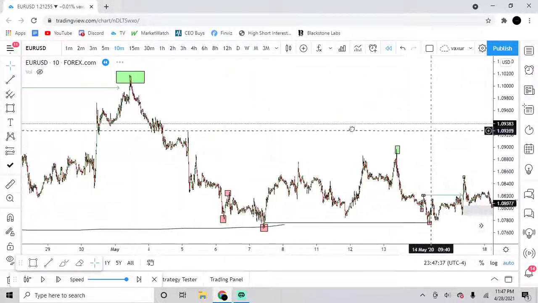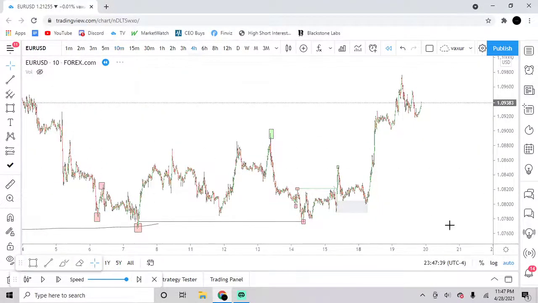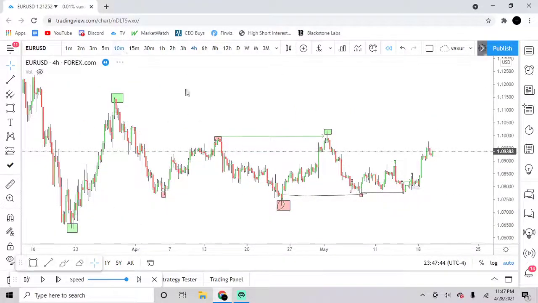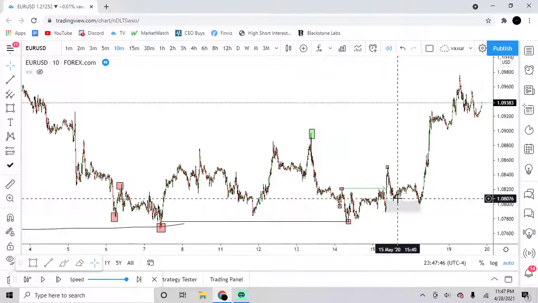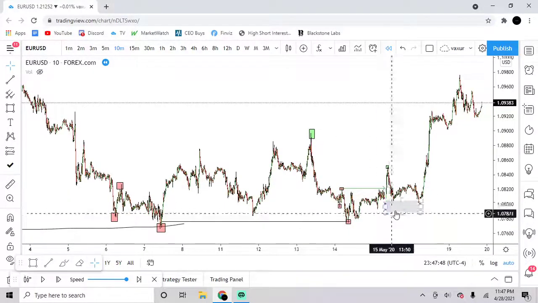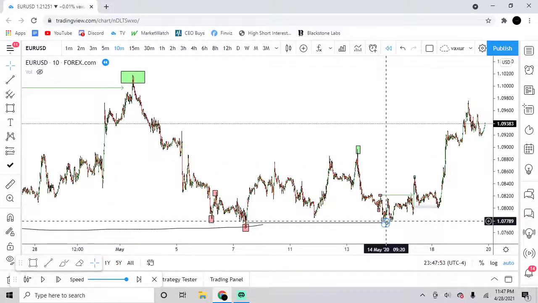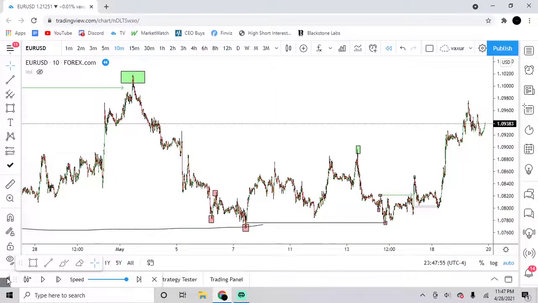But yeah, basically we just took four hour price action and broke it down through the use of the concept of major and minor structure all the way to the lower time frame, right? And you'd say that as an imbalance. So it's pretty simple stuff.